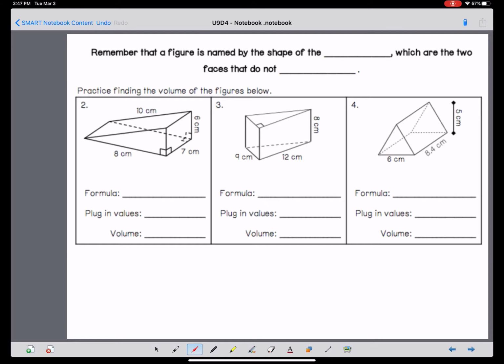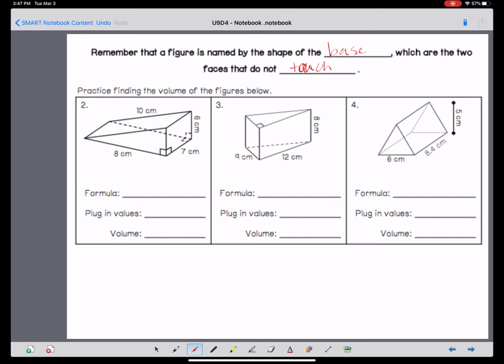All right, next one. Remember that a figure is named by the shape of the bases, which are the two faces that do not touch. They do not touch. So let's practice finding the volume of the figures below.